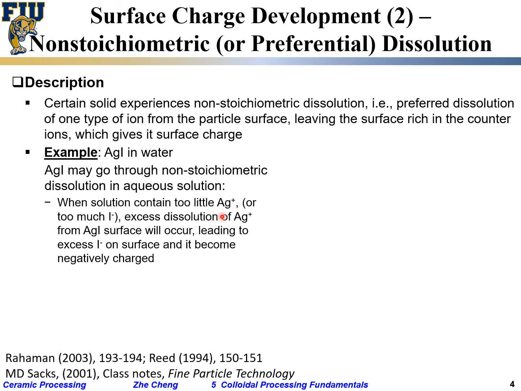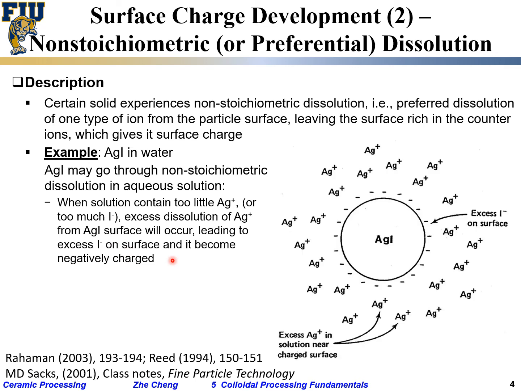So if you are going to guess, we would have preferred dissolution of which ion? The solution has too little silver, so quite often what would happen is we would have excess dissolution of silver. The solution is in need of silver, so the particle gives out more silver and leaves the surface with excess iodine and becomes negatively charged.